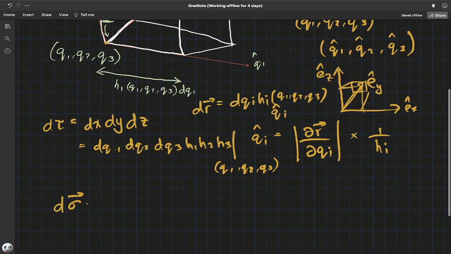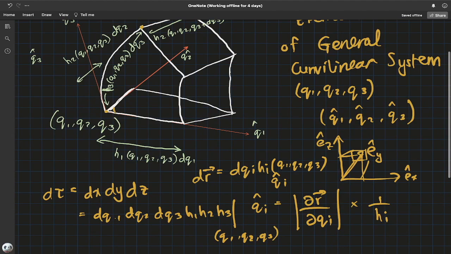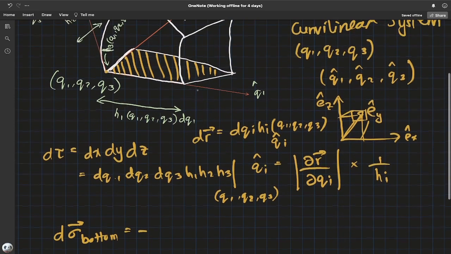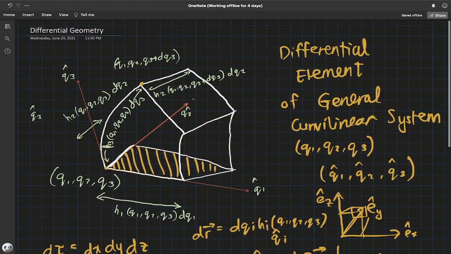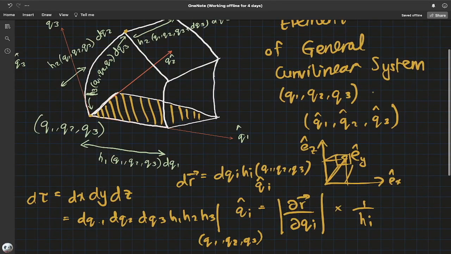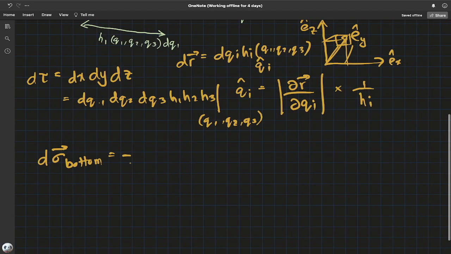So if it's the bottom, for example, which is like saying we have this bottom face here, then we would have a negative, because if you do the cross product again, remember last video I said q1, q2, q3 are in right-handed order, which means if you do a cross product between consecutive terms, you get the other term with a positive. We don't get a negative. So that was important because of this definition of the surface area vector.